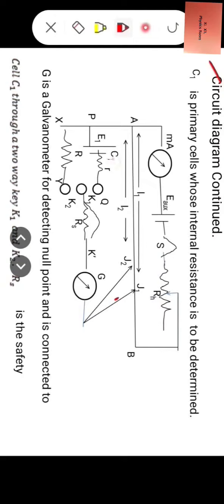C1 is primary cell whose internal resistance is to be determined. G is galvanometer for detecting null point and is connected to cell C1 through a two-way key K1 and K2.